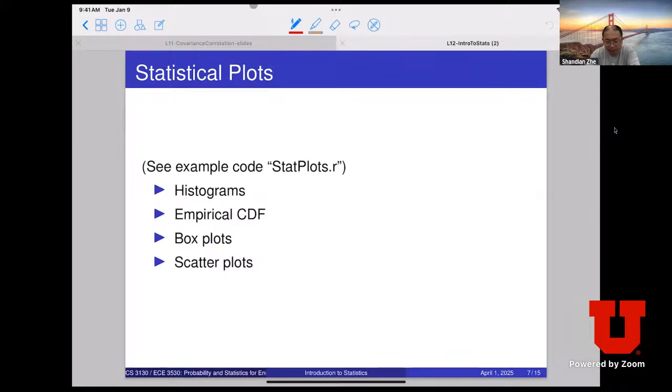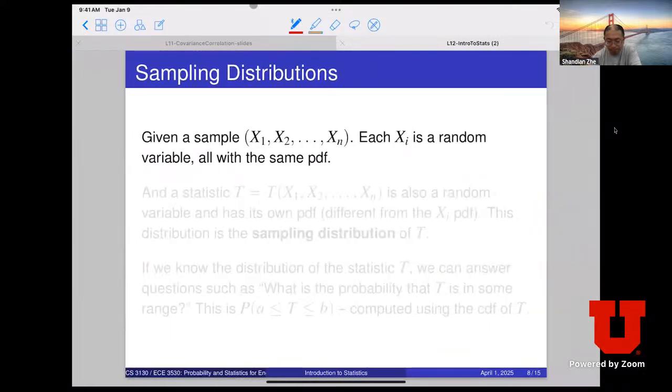In practice, we will see different statistical plots like histograms, empirical CDFs, box plots, and scatter plots. Those are based on realizations of the random variables. Because this course won't cover the R language, we won't show examples of those.